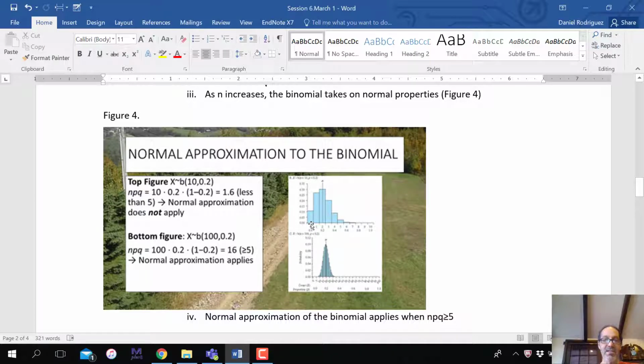However, as the sample size gets larger and larger, it starts approximating normality. There's actually a really good figure in your textbook that shows you the difference with sample sizes and how it approaches normality as the sample size gets larger. Here's a sample size of 100 versus a sample size of 10, and you see that this is much more normally distributed.